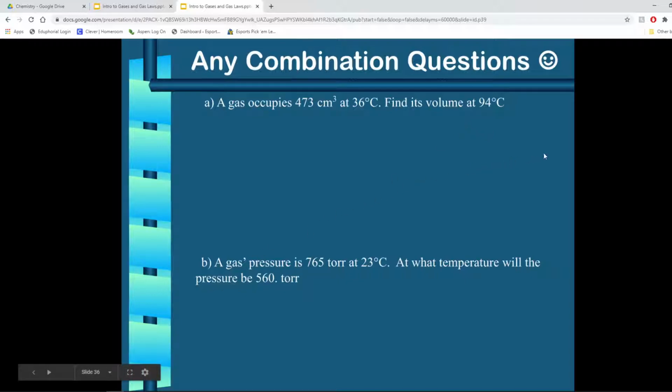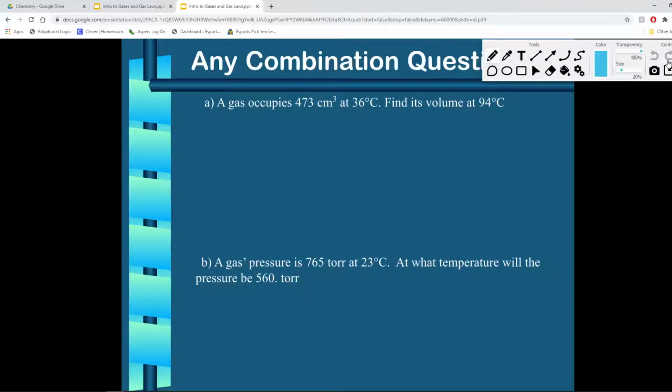So we can go look back through our laws and find the one that relates those two quantities, which was V1 over T1 is equal to V2 over T2. Okay, so we can just start plugging stuff in here.